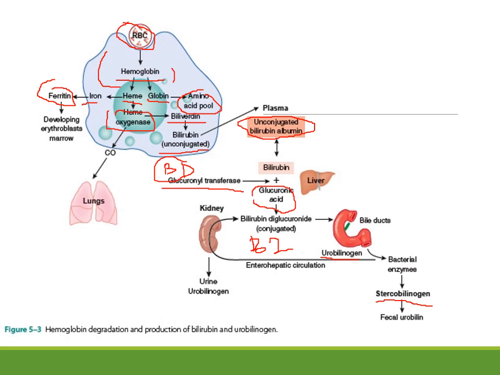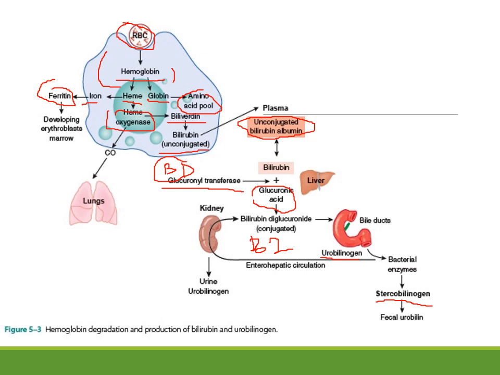Moreover, your stercobilinogen will be converted to stercobilin, leading to the formation of the pigment which is responsible for the brown color of your stool. On the other hand, the amount of urobilinogen inside the intestine will be converted to fecal urobilin.